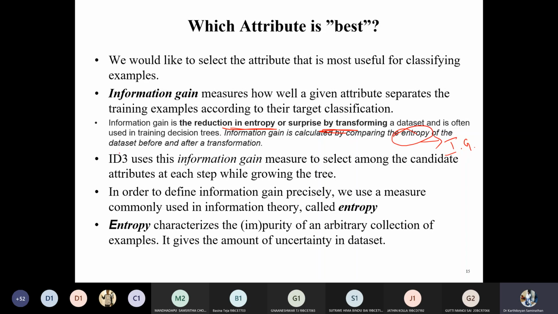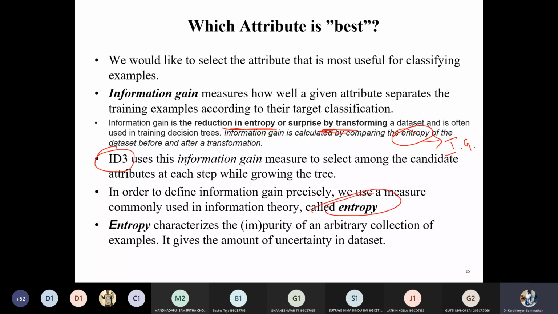ID3 uses an iterative decision tree, ID meaning iterative or inductive decision tree. This inductive decision tree uses the information gain measure to select among the candidate attributes at each step while growing the tree. In order to define information gain precisely, we use a measure commonly used in information theory called entropy. So if you want to evaluate information gain, you need a parameter called entropy.